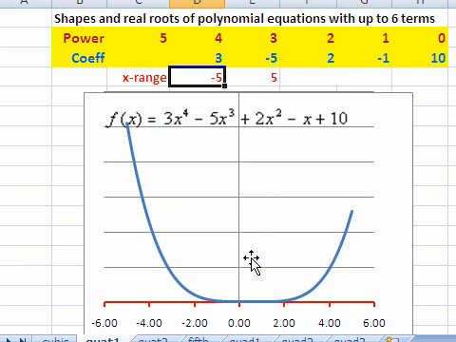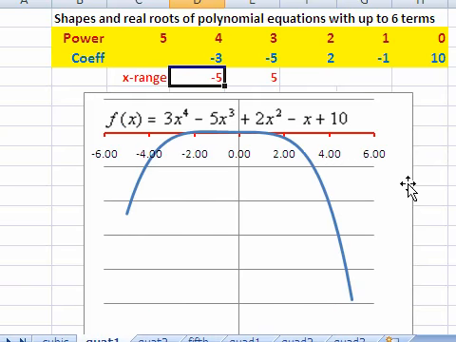And there you have a typical fourth order polynomial curve. It looks like a pan without a panhandle. It faces up if the fourth order coefficient is positive and faces down if it's negative.